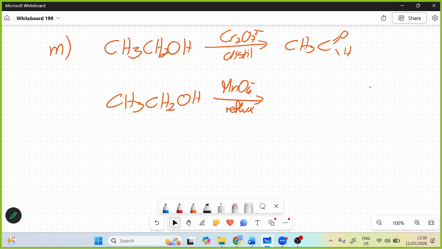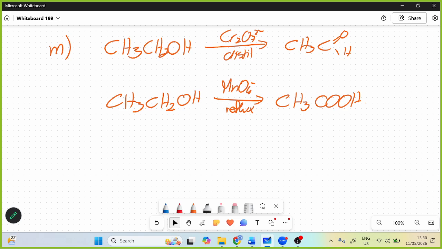The difference between reflux and distilling. In reflux, you are boiling. During distillation, you are actually collecting it. So in distillation, you don't allow for further oxidation. Whereas in reflux, everything is in the flask, the oxidizing agent, you keep on adding, and you end up with a full oxidation.